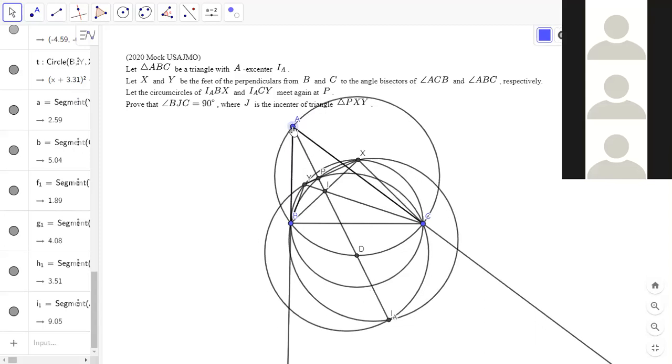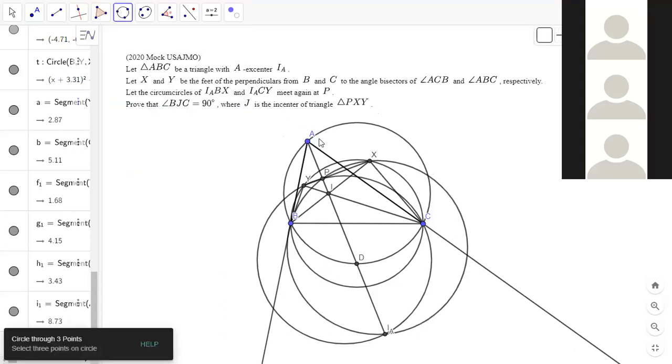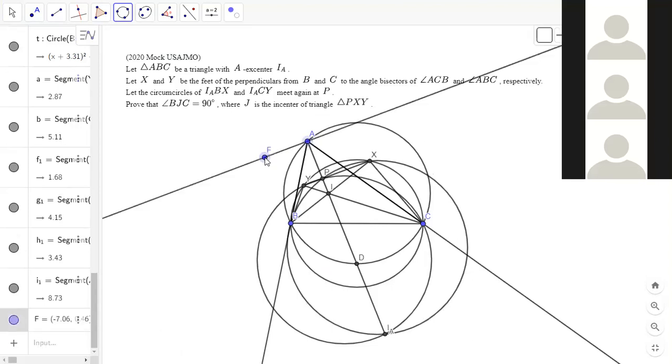Let's see. So this is IACY and IABX. They meet at P. Maybe we should draw IABY. Or maybe what? IABY. Oh, IABY.